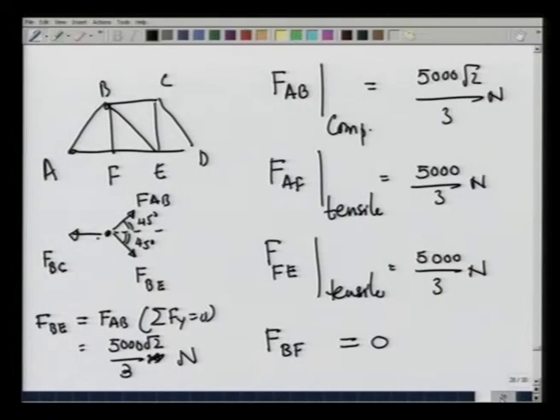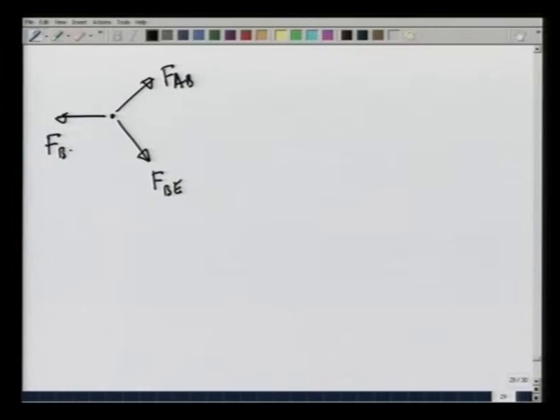Let us do that now. So, at point B, there is a force FAB working this way, FBE working this way and FBC working this way. FAB is pushing the pin out. So, this is compressive, 5000 root 2 over 3.